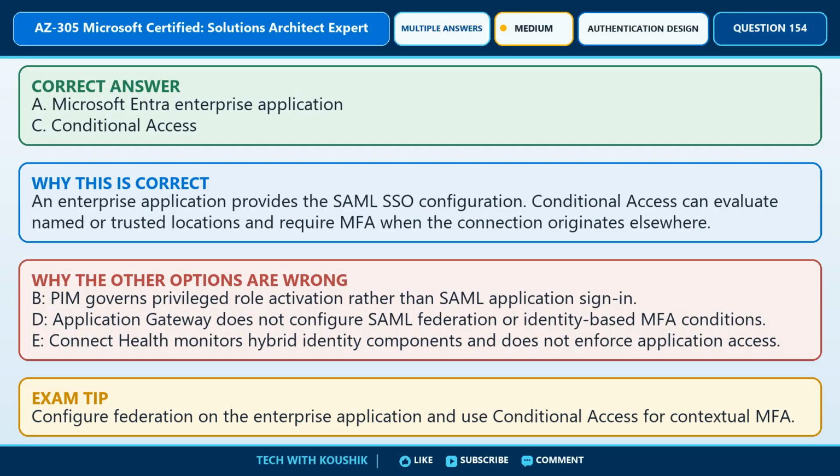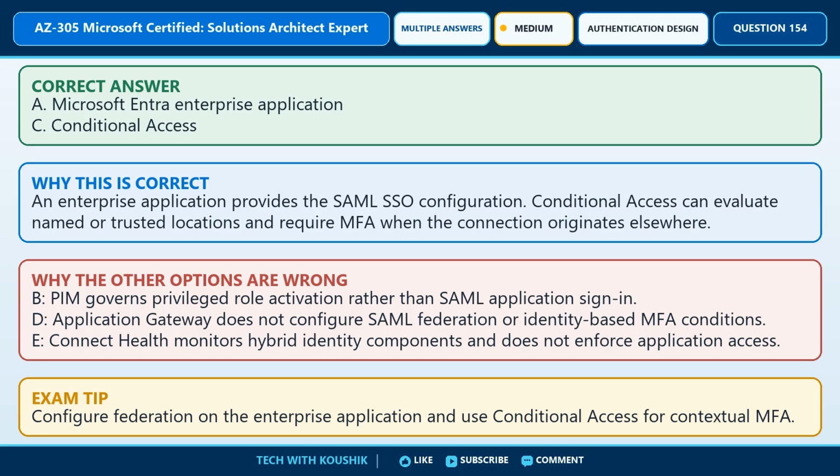The required selections are option A, Microsoft Entra Enterprise Application, and option C, Conditional Access. The requirement is satisfied because an enterprise application provides the SAML SSO configuration. Conditional Access can evaluate named or trusted locations and require MFA when the connection originates elsewhere. The other choices do not satisfy the requirement because PIM governs privileged role activation rather than SAML application sign-in.